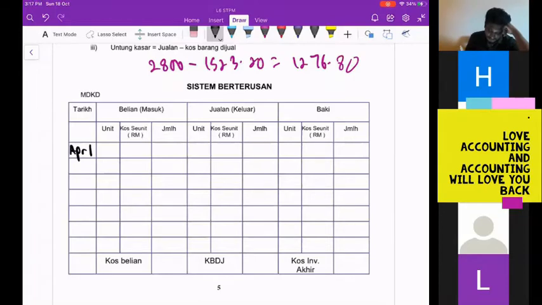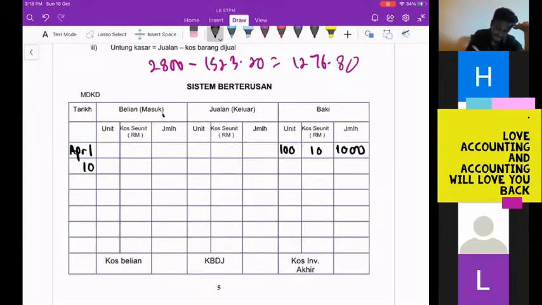Inventory awal, I have 100 unit. Baki. Cost dia adalah RM10. So 100 times 10, I get 1000. Very simple, nothing much. Okay, then April 10. On the April 10, saya beli.